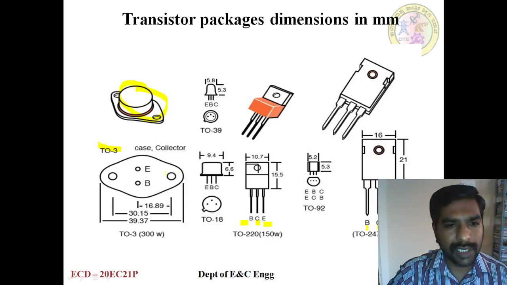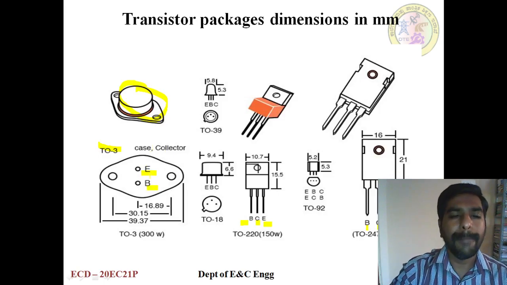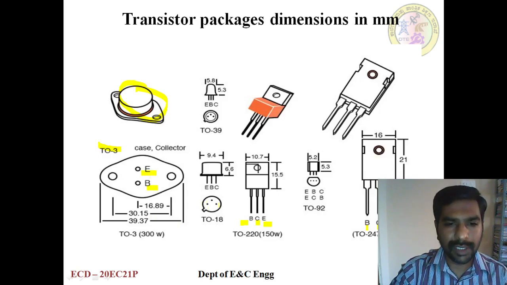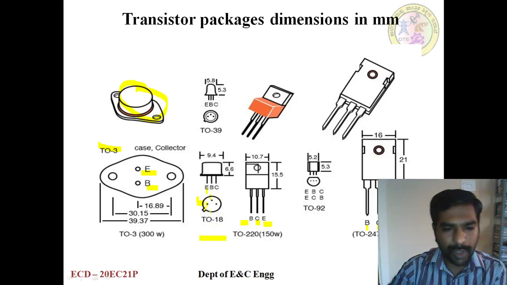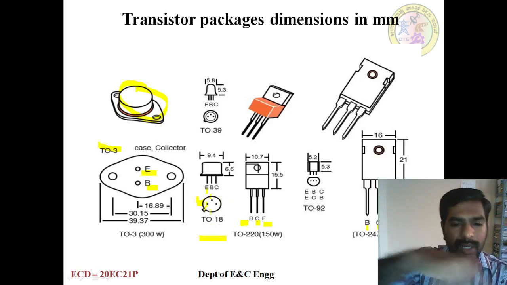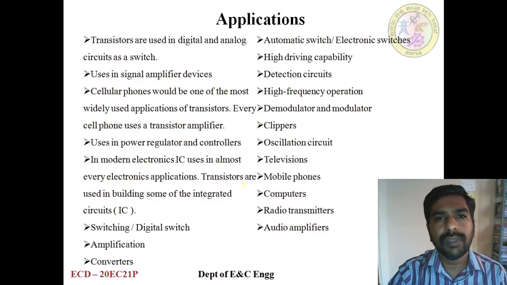Like this, there is emitter, base, and one more, the collector is the case. This is the connecting point, and you can see a notch. From the notch, it's emitter, base, and collector. You should hold the top like this. From the notch, going clockwise, it's emitter, base, and collector. So this way you can identify the terminals of the transistor.